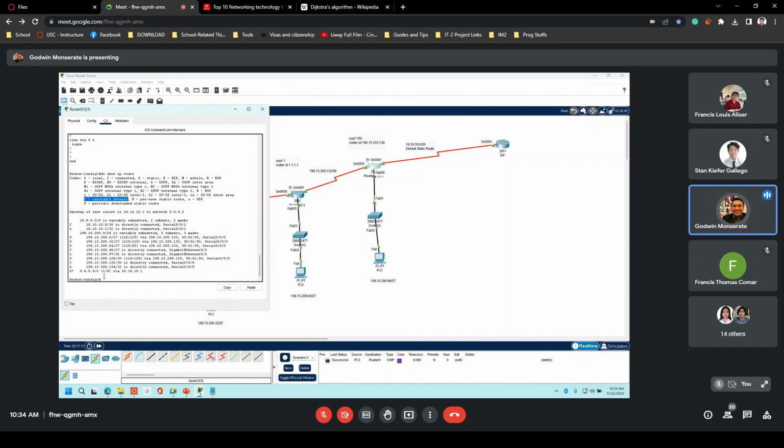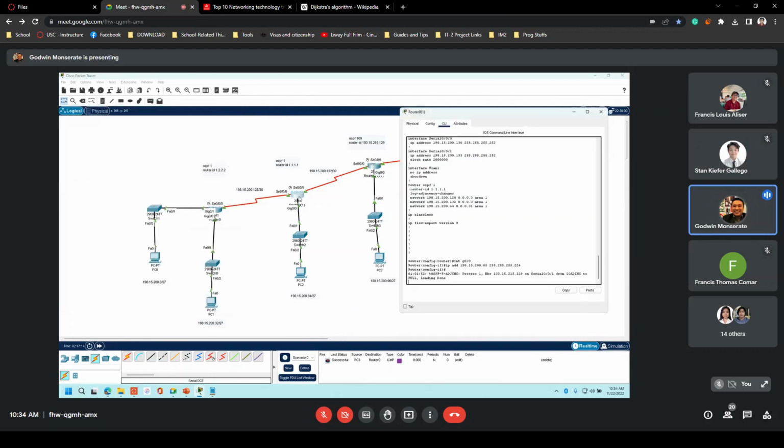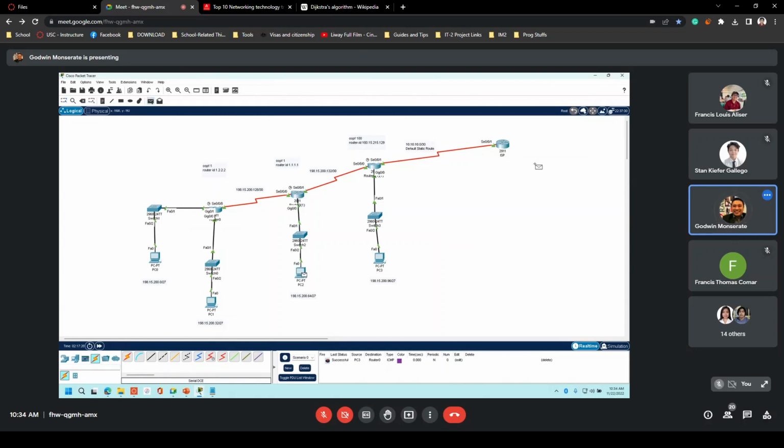So default static route siya. Pero pagkaabot diri sa kaning mga router, wala siya kakita, do show IP route. OSPF lang ang naa niya connected to this network here. But wala siya static. So meaning, it cannot reach the ISP.